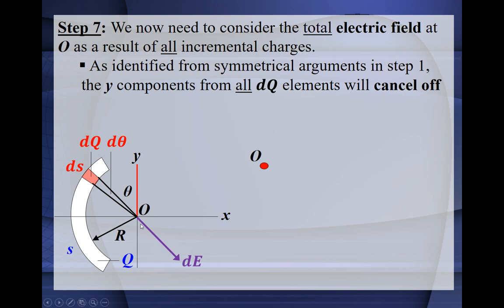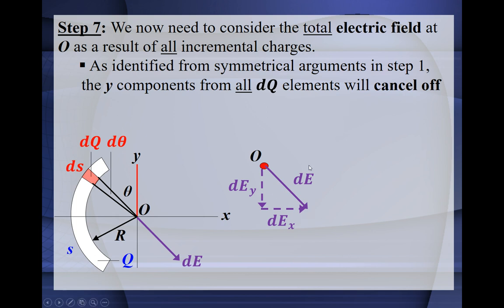So we're going to take this electric field vector. Again, technically you should have a vector sign on top of here, but we'll just leave it as dE for now. So we have dE that points somewhere down and towards the right. Now, I'm going to show the vector components on this. So we'll draw a vector component dEy that points straight down and a vector component dEx that points towards the right.